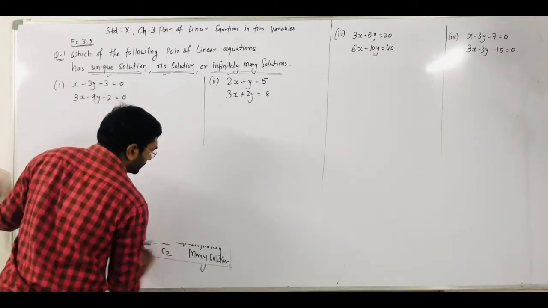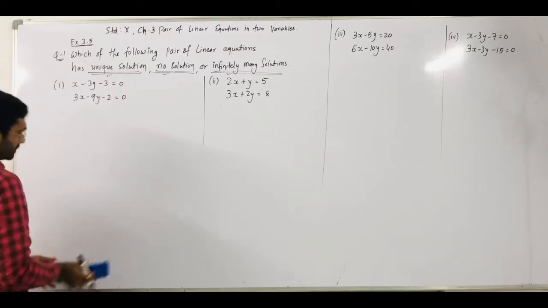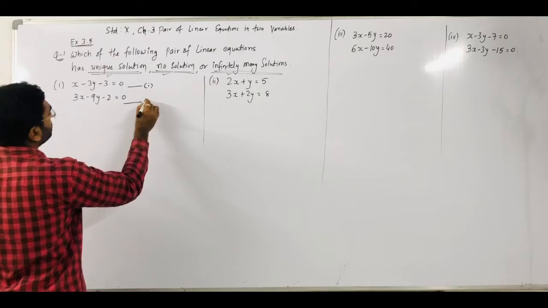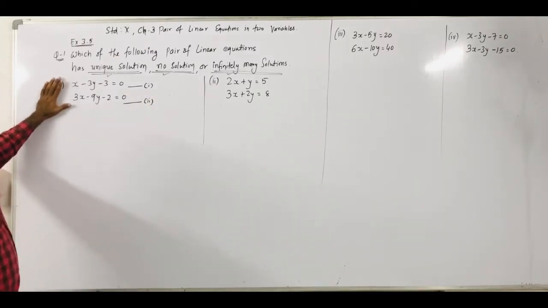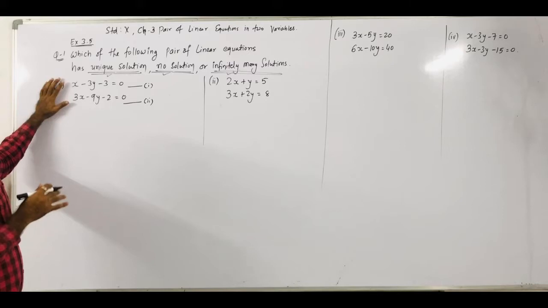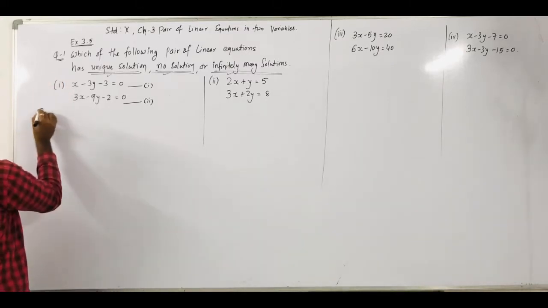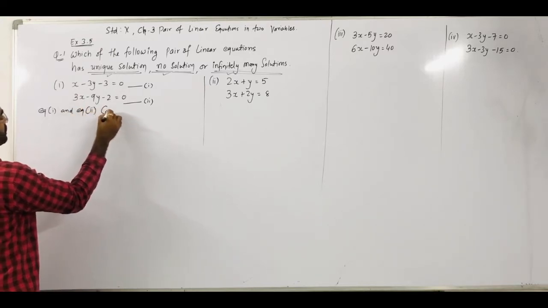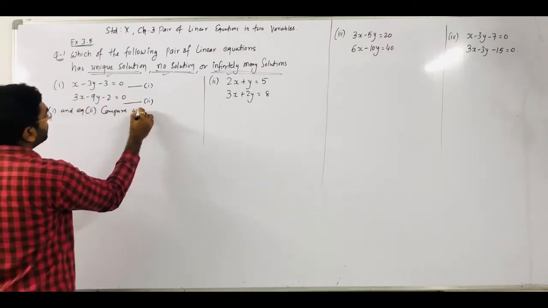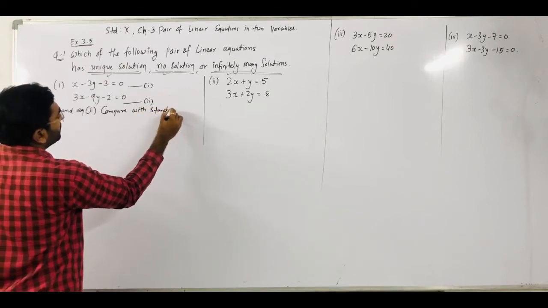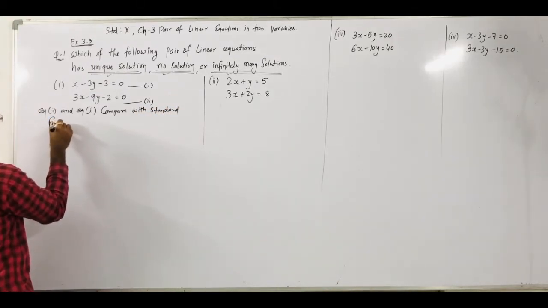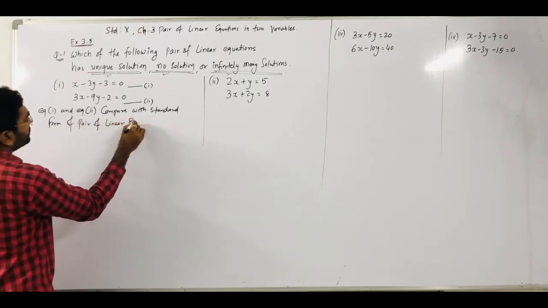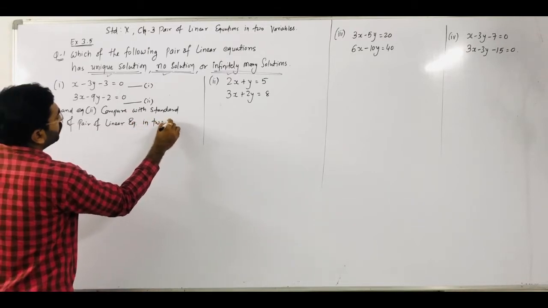In question number 1, observe the equations. Suppose this is equation 1 and this is equation 2. First of all, I compare both equations with our standard form of a pair of linear equations in two variables.